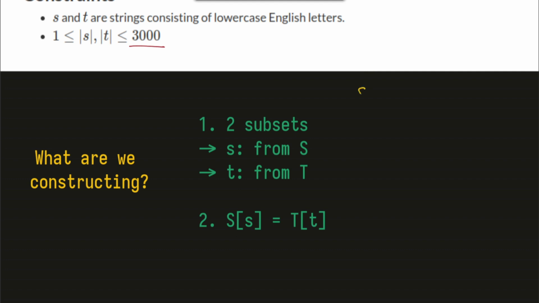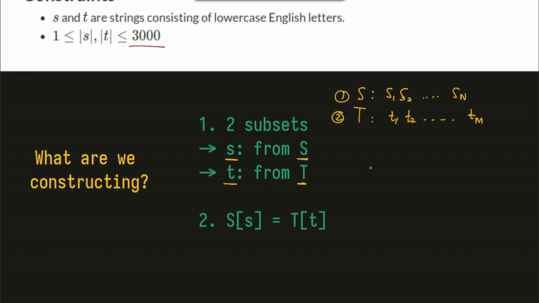Since we are given two strings S and T, let's say S1, S2 all the way up to Sn, where n is the length of S, and T1, T2 all the way up to Tm, where m is the length of T. Since we are selecting two subsequences, one from S and the second one from T, it is the same as choosing two subsets, the first one from S and the second one from T.